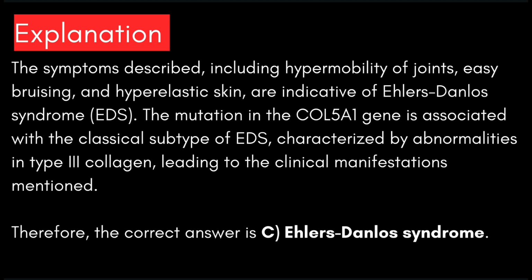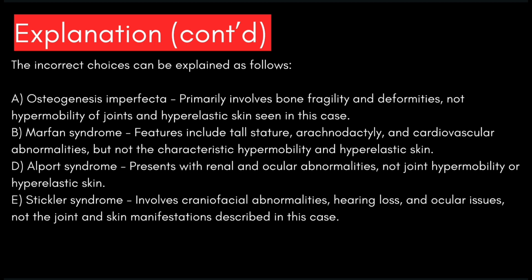Let's go through why the other answer choices are incorrect. The incorrect answer choices can be explained as follows. Osteogenesis imperfecta is primarily involved with bone fragility and deformities, not hypermobility of joints and hyperelastic skin, as seen in this case. Marfan syndrome.